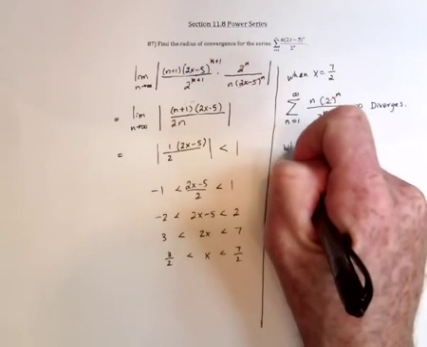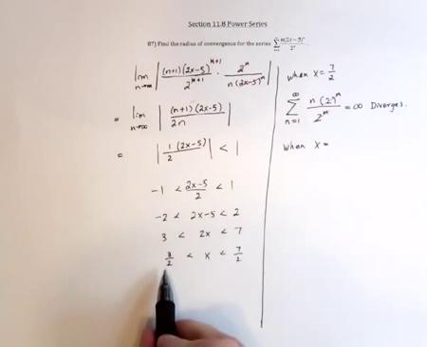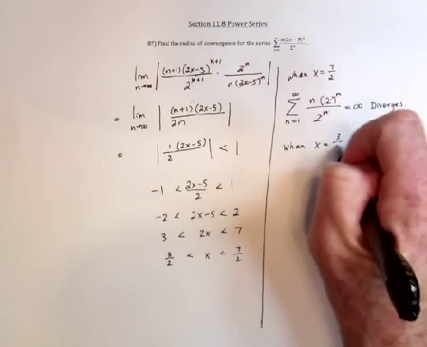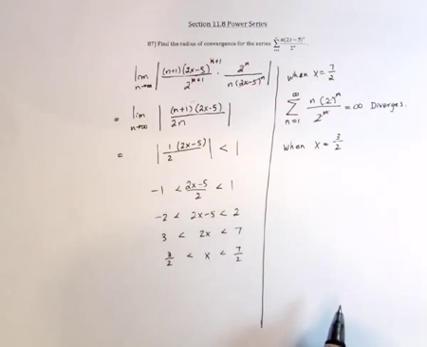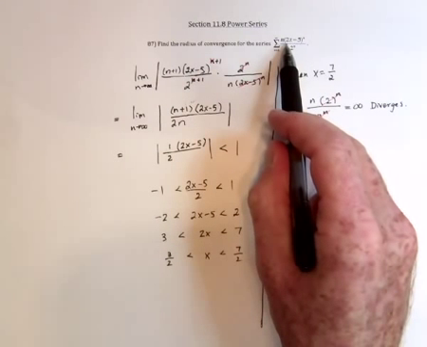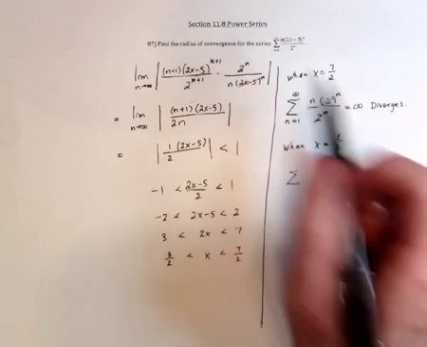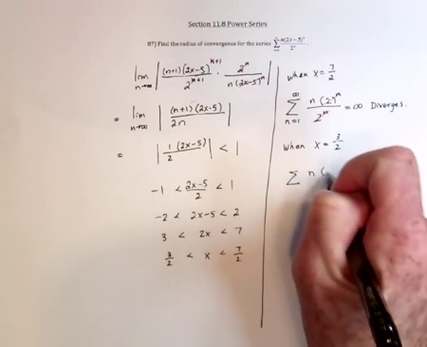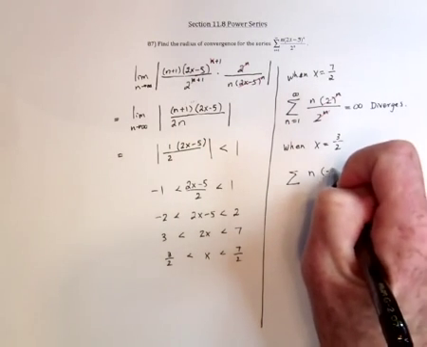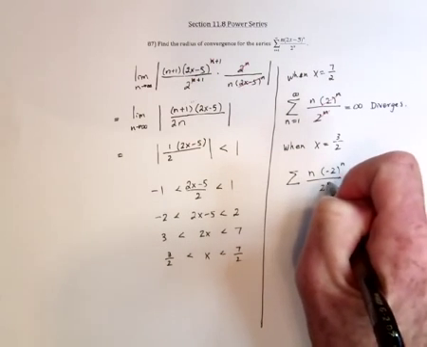When x is equal to the other side, 3/2, then we would have the same type of deal, except when you substitute a 3/2, it's going to be 3 minus 5 is a -2. So that's negative 2 to the n over 2 to the n.